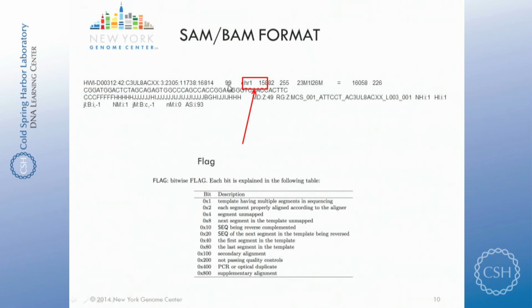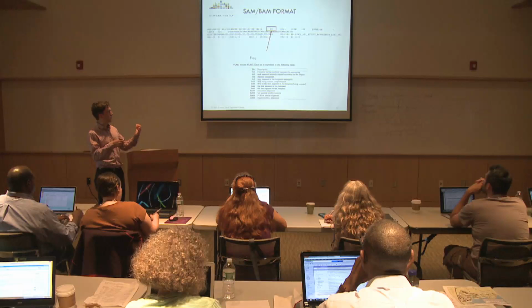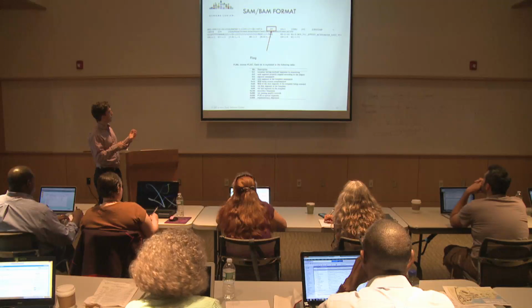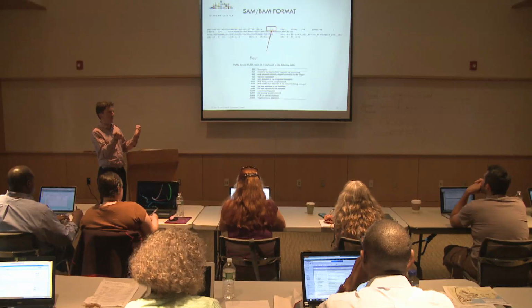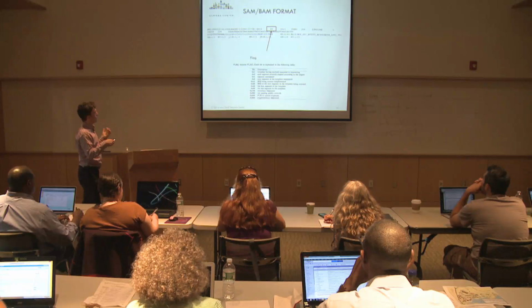So if the flag is 4, it means that the read is non-mapped, okay? So the SAM can contain the mapped reads as well as the unmapped reads. It will tell you in which orientation the read is with respect to the reference sequence. It will tell you if the pair is mapped, when you do paired end sequencing.